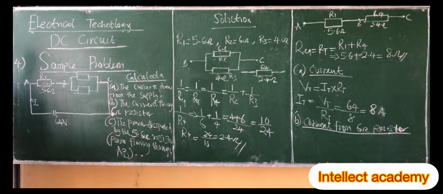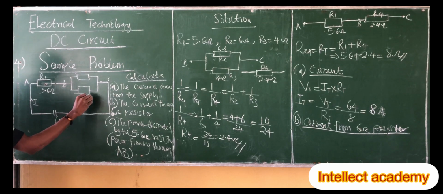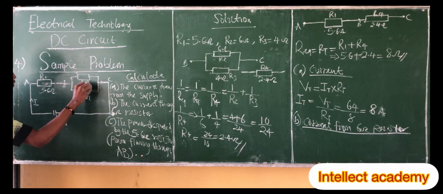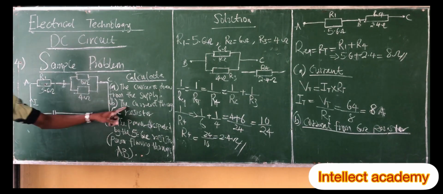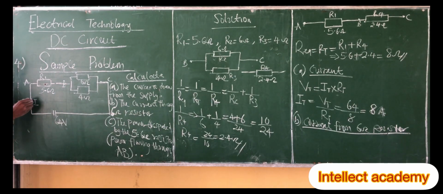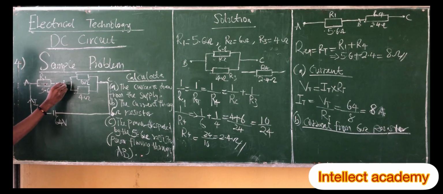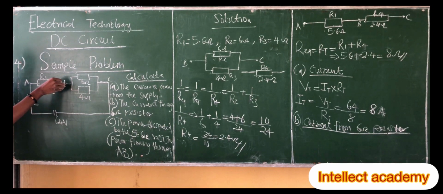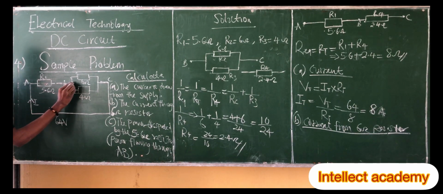So this was 4 ohms, this was 6 ohms. They say calculate the current flowing through the 6 ohm resistor. Now, when the current is flowing, it flows from here. We said that currents flowing in a series connection are equal. It will flow from here, it's going to come here, the current is still equal. From here, it's going to come to B, the current is still equal. The moment it reaches here, it splits.